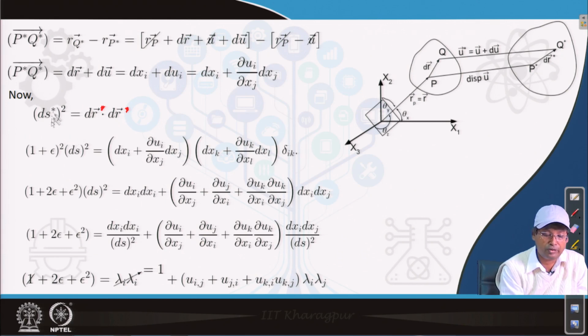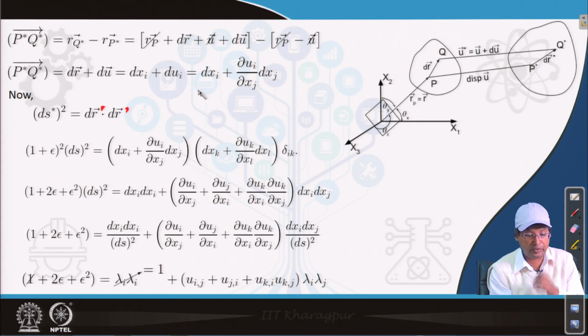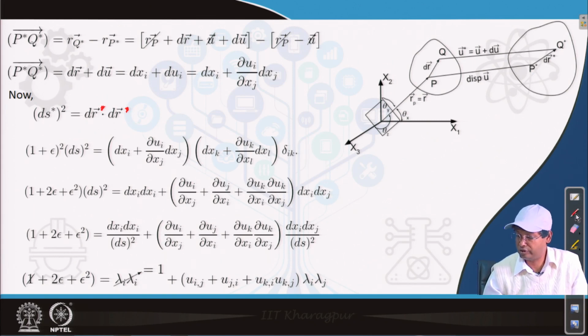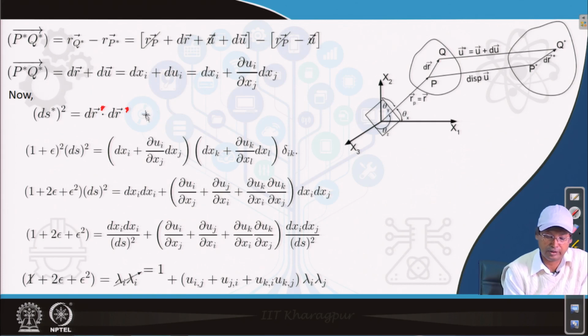And while we substitute the values of this, this is equal to the dot product of these two, or in the other way, p star q star dot p star q star.